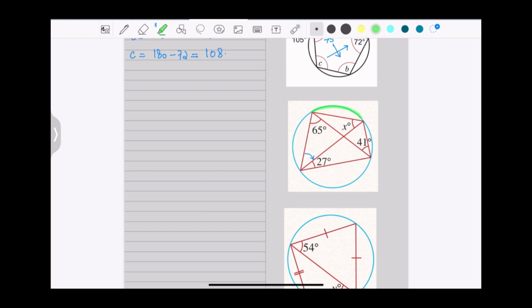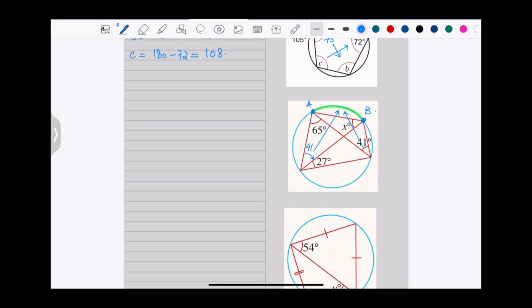If you look at the angle facing this green arc, any other angle facing the same arc, as you could see, this angle is also facing the same arc connected with these 2 dots. Remember that it's not only the angle that is facing that arc, it's connected with the same dots, A and B in this scenario. So this is going to be 41.